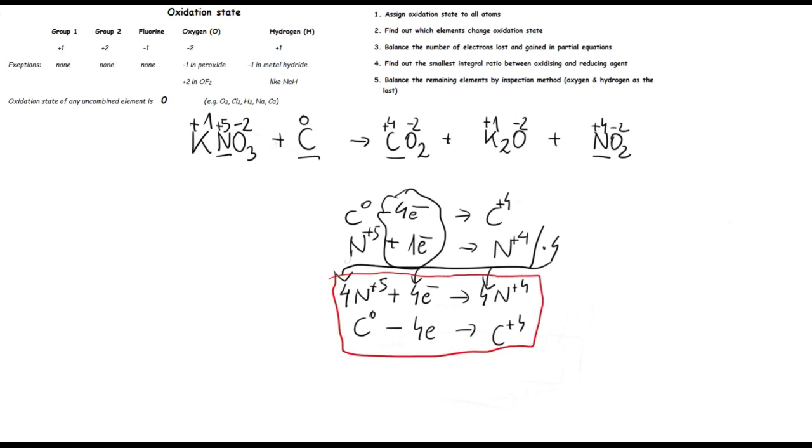And now they are balanced. So we just put the right numbers. That's the nitrogen with the +5 oxidation state, so the 4 is going here. The 4 is going here as well, as nitrogen with the oxidation state +4.